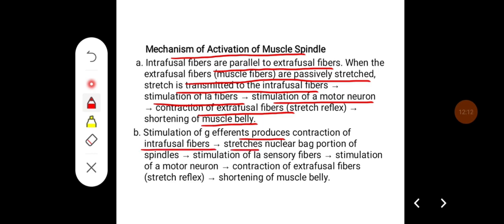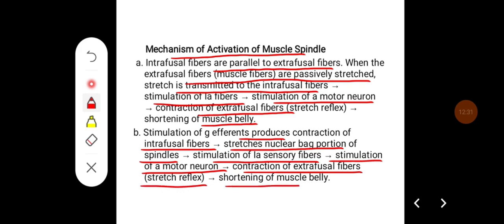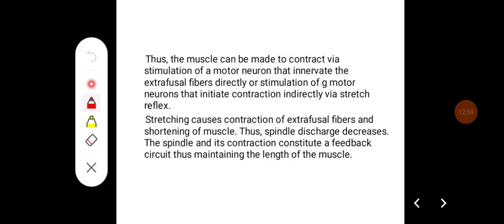That stretches the nuclear bag portion of the spindles, and again there will be stimulation of 1A sensory fibers. Again, that is going to stimulate the motor neuron, which causes contraction of the extrafusal fibers, leading to the stretch reflex and shortening of the muscle belly.